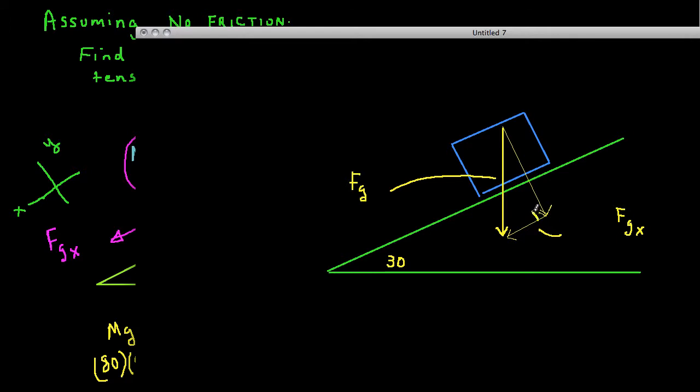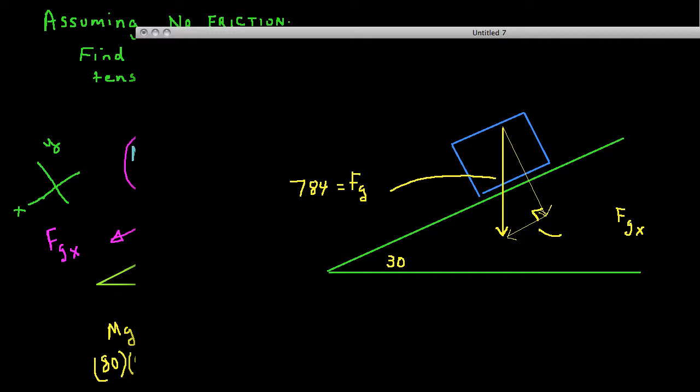These two are at right angles, because whenever I break a vector down into components, I almost always choose components that are right angles. What I know about this triangle is Fg, which came out to be 784. Somehow I need to find out what FGX is, which means I need to know an angle in here.